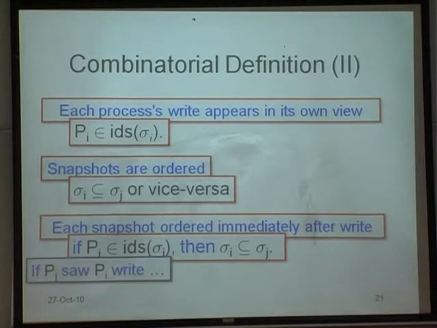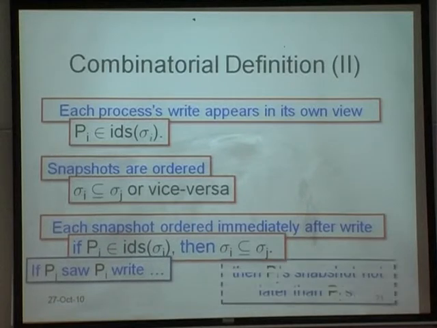So let's look at that in more detail. If P_j saw P_i write, then P_j's snapshot is not later than P_i's. So that just says that immediately after you write, you take a snapshot. And so it turns out that these three conditions give you a complete combinatorial definition of the immediate snapshot complex.